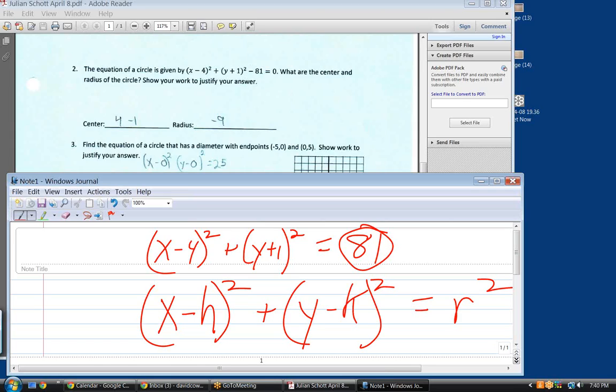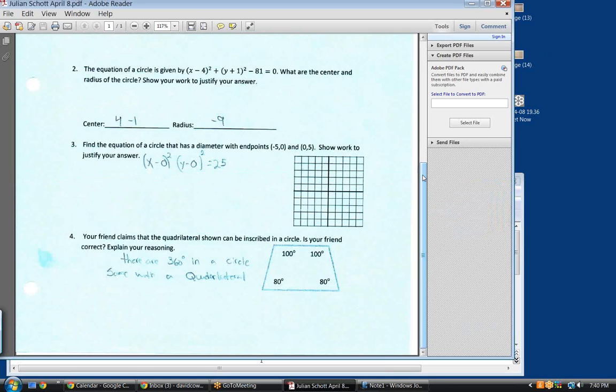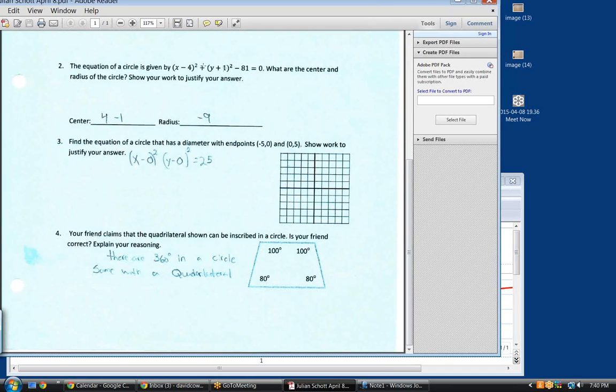You cannot have negative measurements. So whenever you come up with a negative, be leery. Algebraically it could be, because r squared equals 81 means r equals plus or minus 9, but you have to throw out the -9.